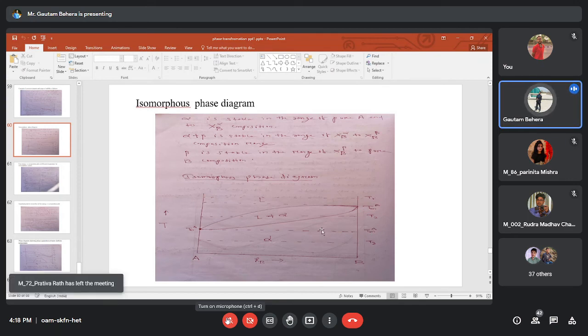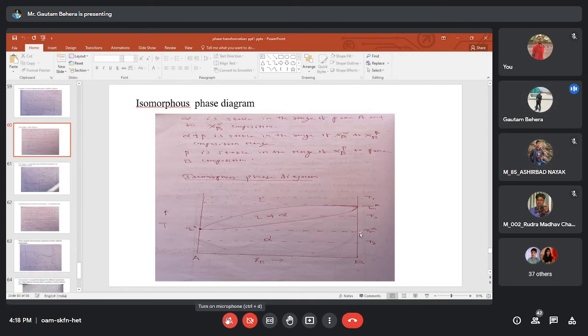Alpha is stable up to just before point A, pure A. You are getting my point, because this particular temperature intersects at this end. At this end both alpha and liquid are stable, but from this end to this end only the alpha phase is stable. So from pure end B towards A, alpha is the stable phase, but when it reaches this point, both liquid and alpha are stable, like at this point I told.